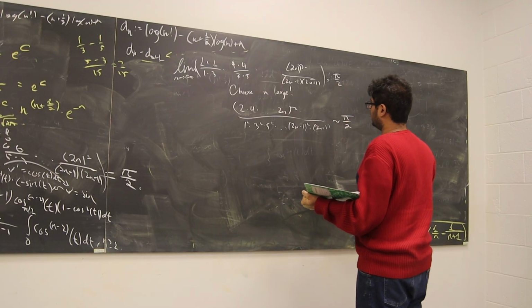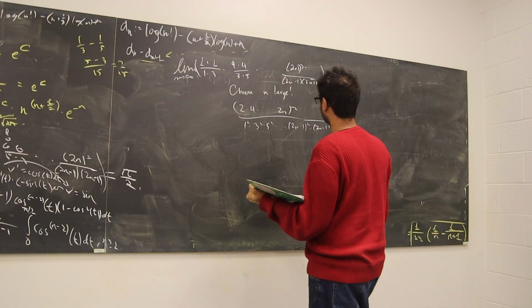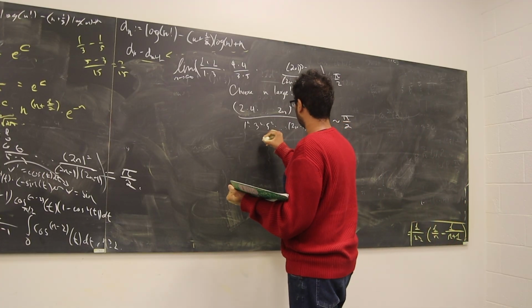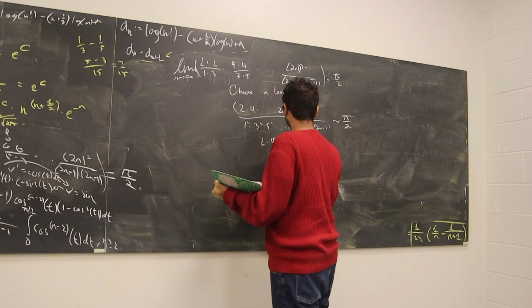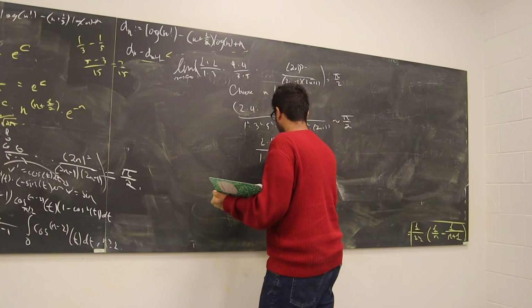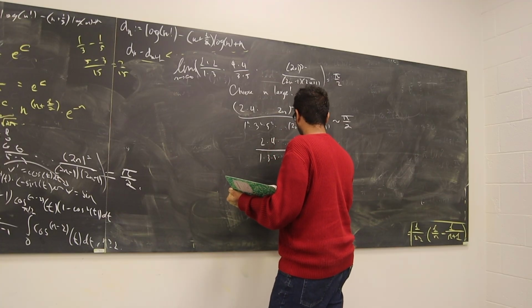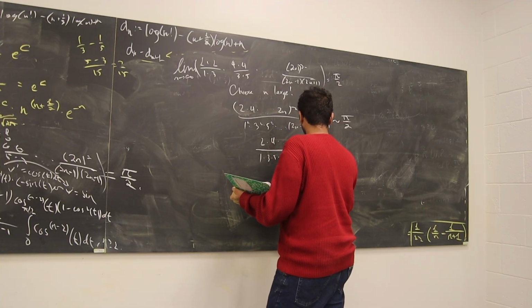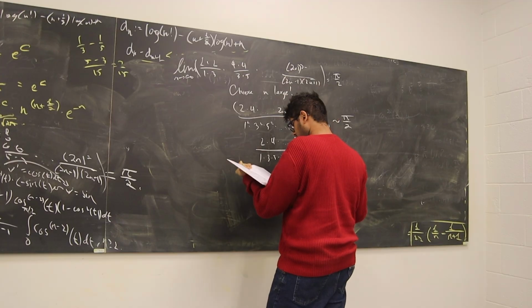Now let's square root everything. So this would give us 2 times 4 times 2n over 1 times 3 times 5 times (2n minus 1) times the square root of 2n plus 1.